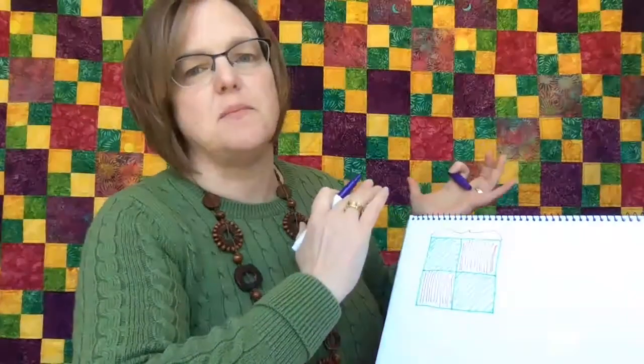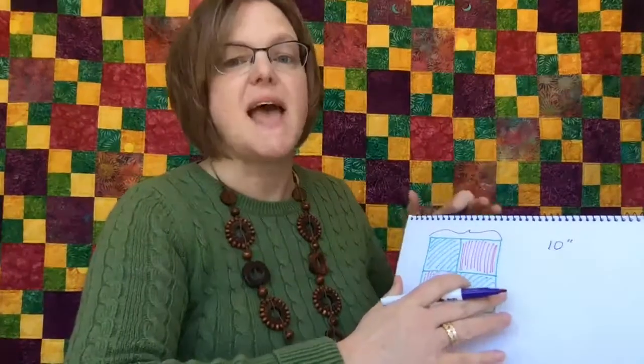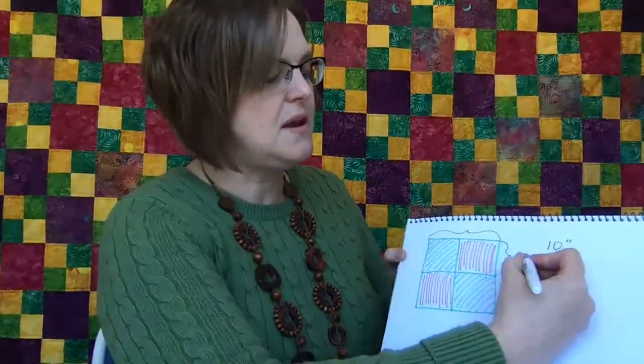Then you'll know that before it's sewn into the quilt, it's going to be 10.5 inches. So that means these smaller pieces are going to be 5 inches in the finished quilt, which means we want them to be 5.5 inches when we cut them out.